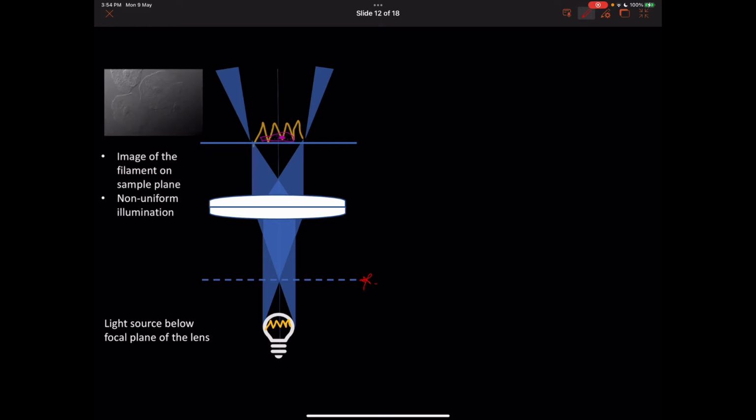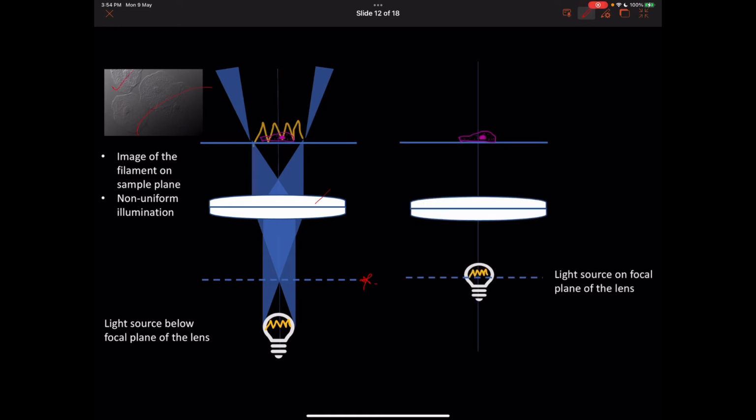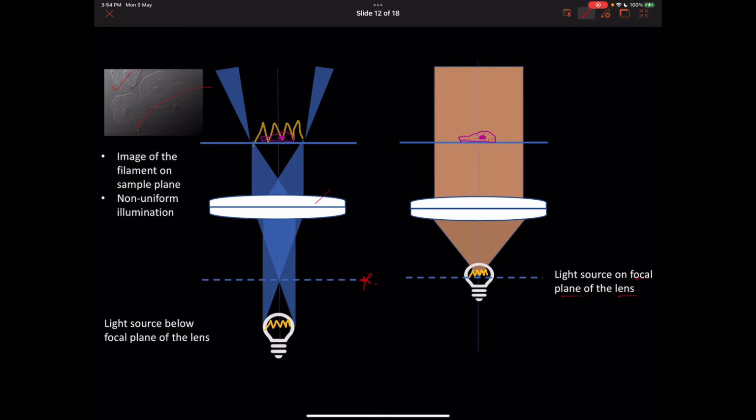If you get this kind of non-uniform illumination, you get a sample which is not perfectly illuminated in this area while this area is nicely illuminated. But if you take the light source forward and keep it on the focal plane of the condenser lens, you get a nice defocused or collimated beam of light for illuminating your sample.